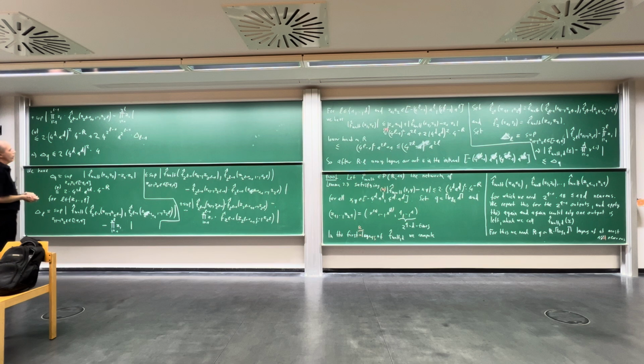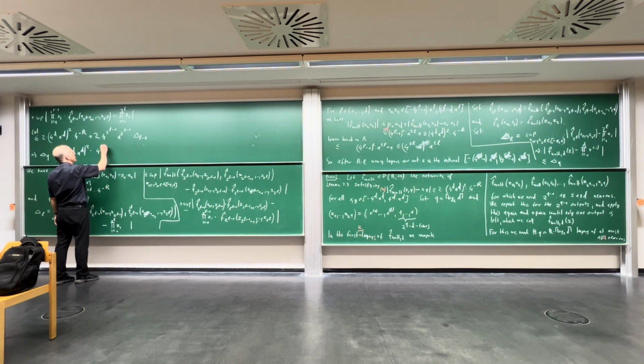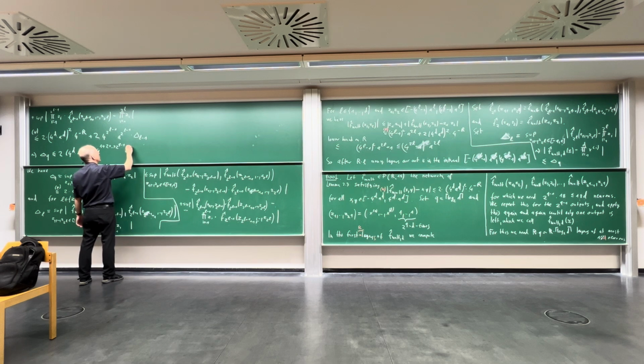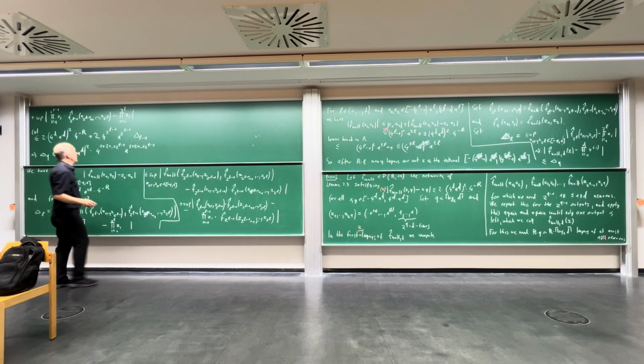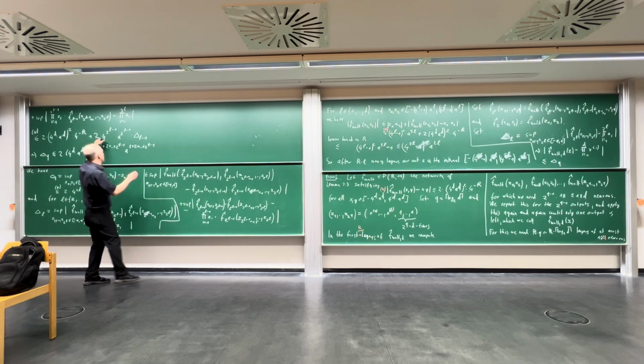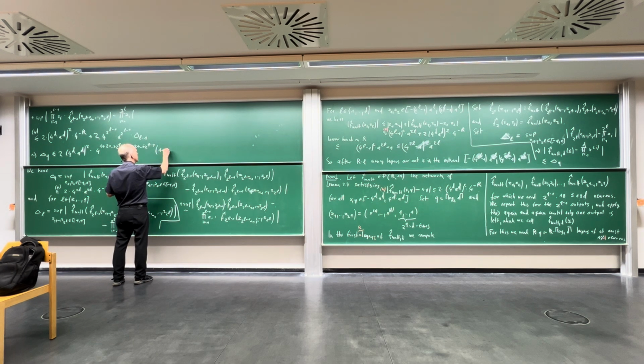something with 4, maybe 1, 2, until 2 to the power q minus 1. The same for A: 1, 2, 2 to the power q minus 1. And then I get one addition from this 2 times here. I get a 1, 2, 2 to the power q minus 1.